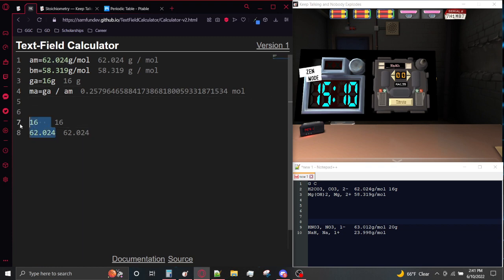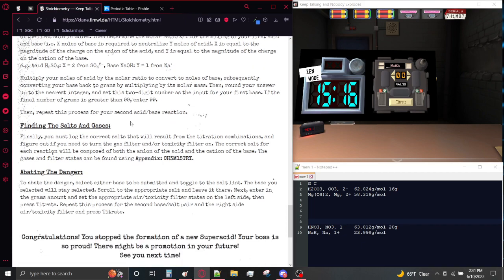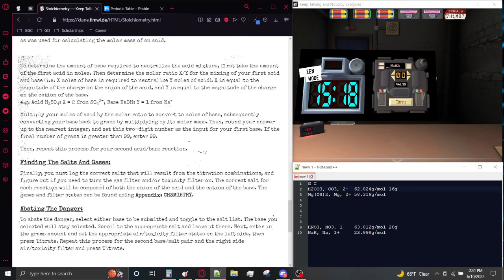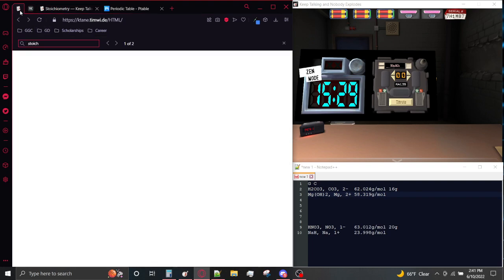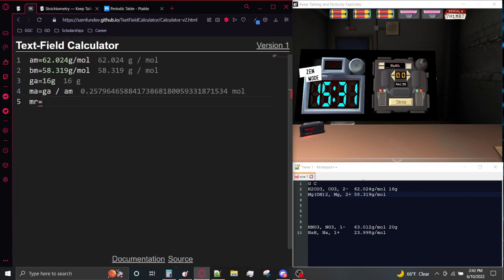Okay, now that we've gotten the moles, we're going to calculate a molar ratio. The molar ratio states that per X moles of acid in our mixture, we have X moles of base. So to calculate the molar ratio, we're going to take these numbers that I got earlier.